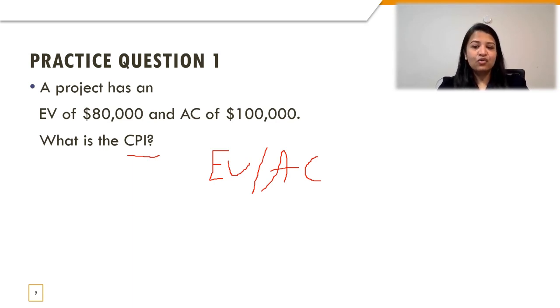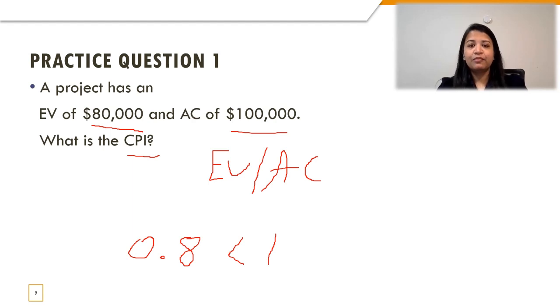The same case goes over here: $80,000 divided by $100,000 is nothing but 0.8 approximately, and that's going to be less than 1. That means the project is performing very poorly, or it is not up to the mark.